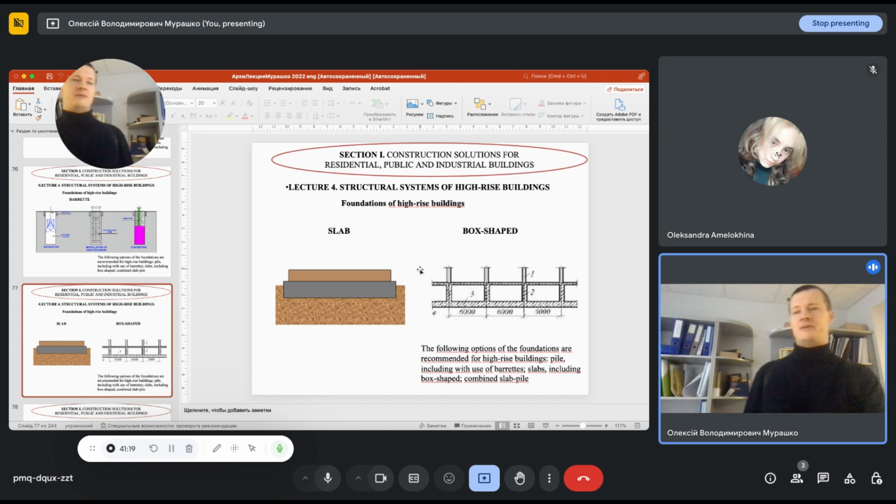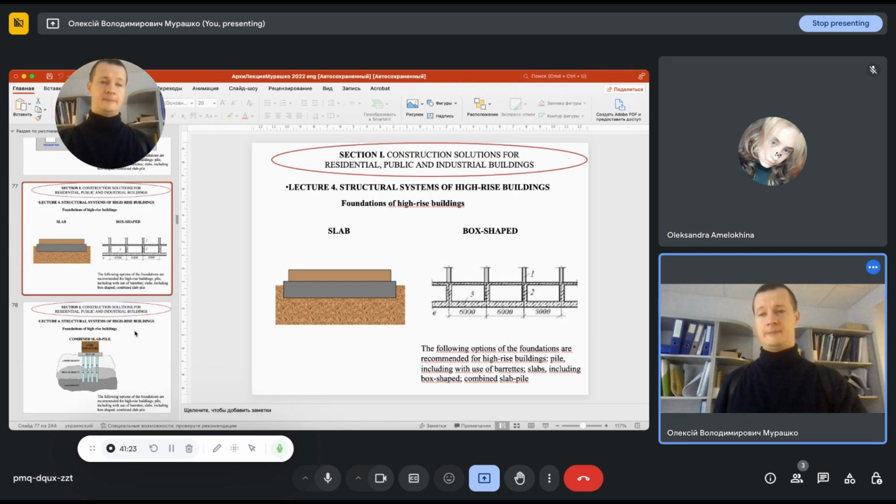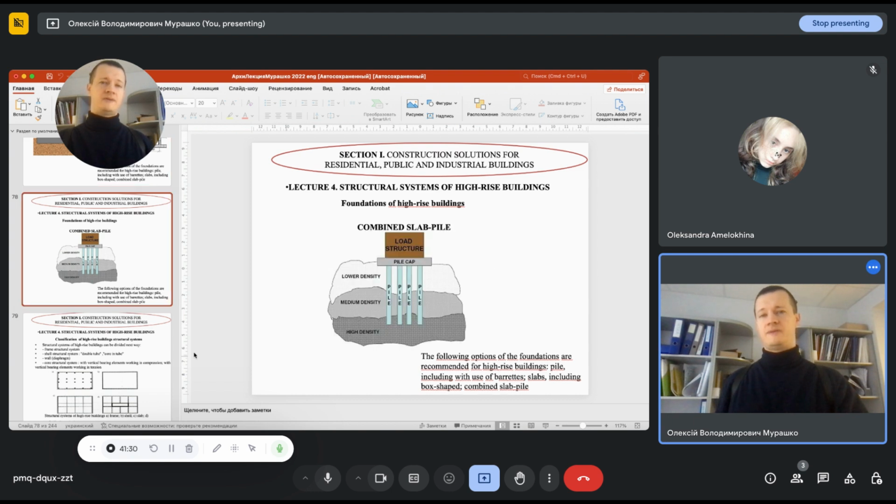But you have to remember that we never use separate foundations for a multi-story building. Sometimes we can use a slab combined with piles, but it is just a slab or a slab with piles. It depends on the quality of the ground.